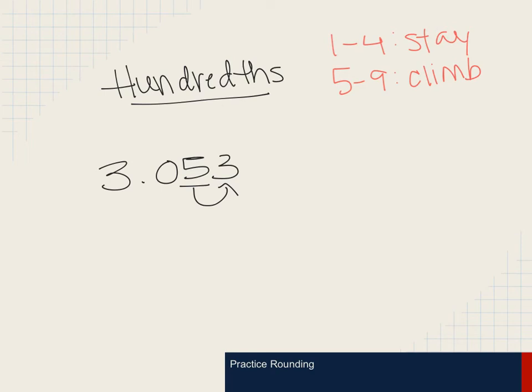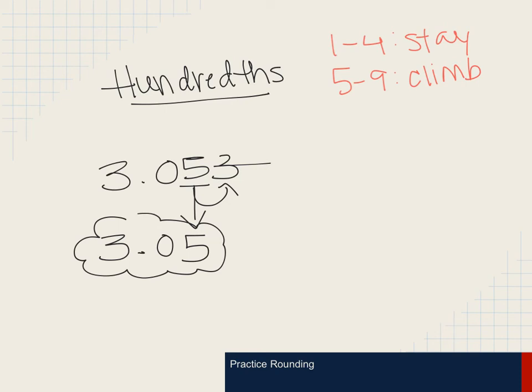A 3 comes between 1 through 4, so the 3 is going to tell the 5 to stay. The 5 stays the same. Everything to the right falls off. Everything to the left of that rounding place stays the same. If we round 3 and 53 thousandths to the nearest hundredth, our answer would be 3 and 5 hundredths.